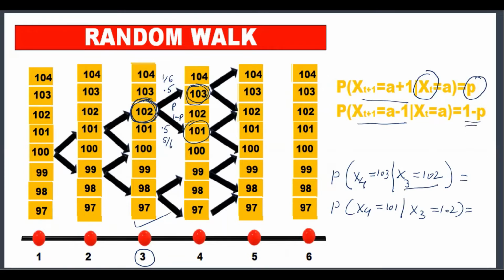Given 102 at time 3, what will be at time 4. It's not necessarily from 3 to 4, you can apply that from 2 to 3, 1 to 2, 4 to 5, 5 to 6. That's why we have written t to t plus 1.